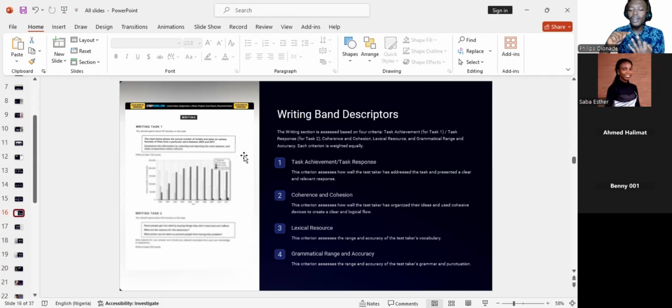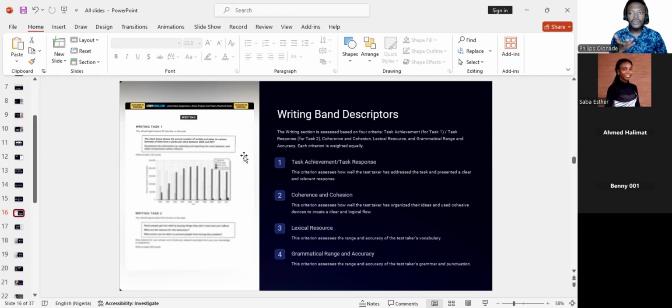If you fail to give examples, you will definitely not get to band 7. Just don't bother. So you must pay attention to the question in the exam hall. When you see the question, identify what you are being asked to do.